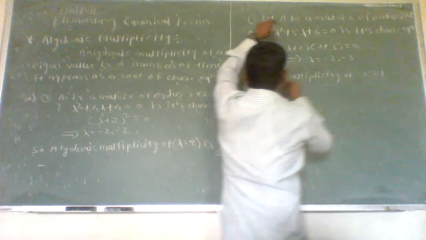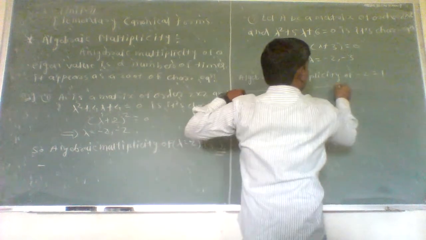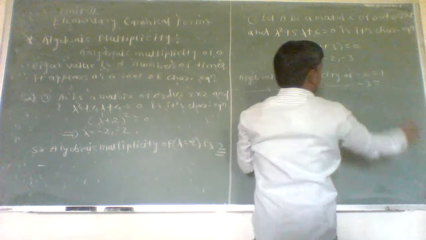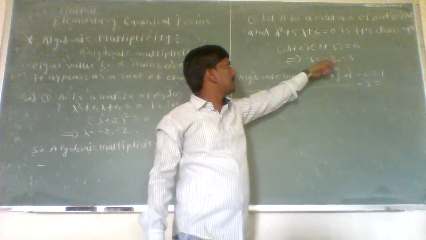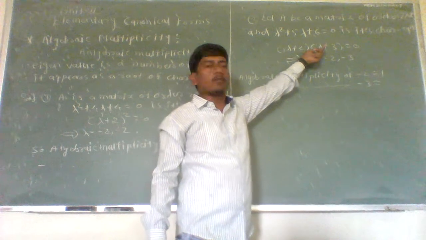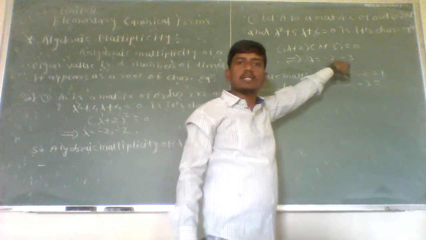Similarly, the algebraic multiplicity of minus 3 is, again, only one time a root of the given characteristic equation. So again its algebraic multiplicity is also 1.